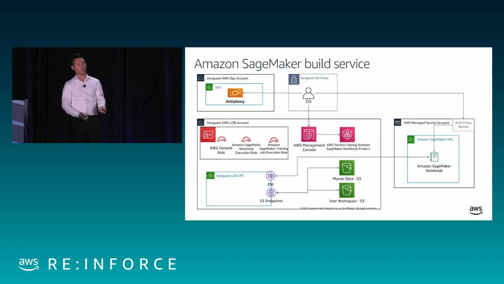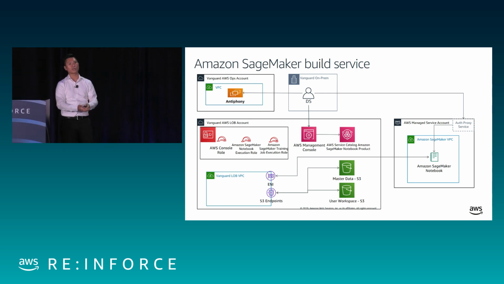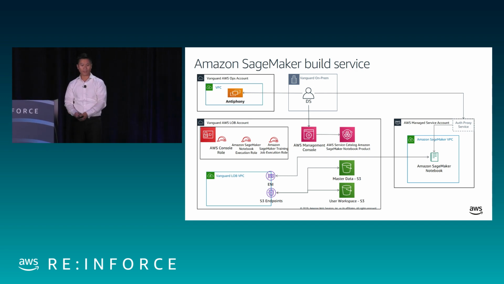There are two types of S3 bucket on the diagram. The first one is the user workspace S3 bucket, which allows the user, the data scientist, to bring their own data in and to explore, clean, and transform the data. That's their experimentation area.